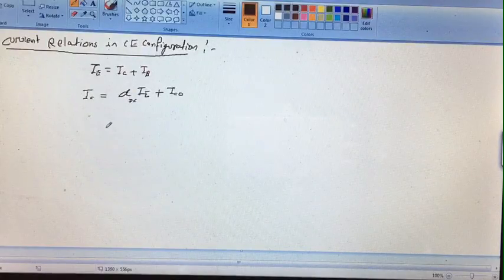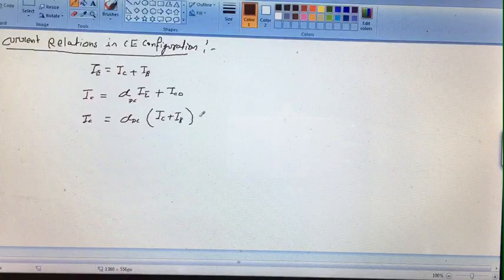Then it can be written as IC is equal to, putting the value from this equation, alpha DC in bracket IC plus IB, plus ICO, where ICO is the current due to minority charge carriers present inside the collector.